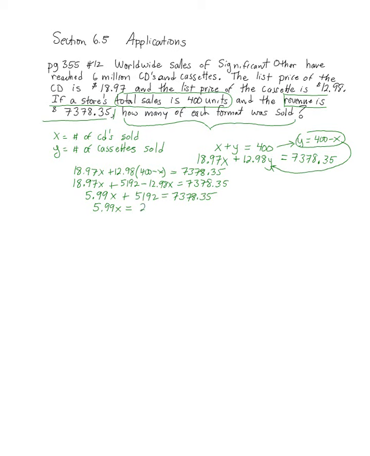There we go. I get 2186.35. Divide by 5.99. And I get 365 CDs. So we sold 365 CDs. I would take that, plug it in right there. So Y is 400 minus 365 is 35 cassettes.